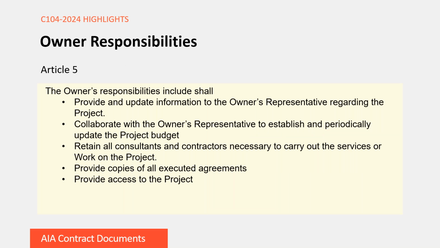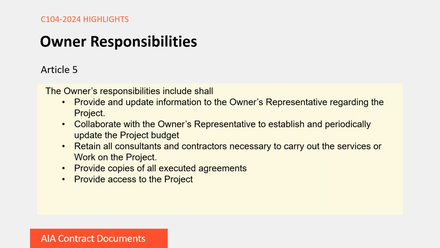Great question. What you'll see in this agreement is that the owner's responsibilities are going to include providing information and providing updated information to the owner's representative regarding the project. They're going to need to collaborate with the owner's representative to establish and periodically update the project budget.